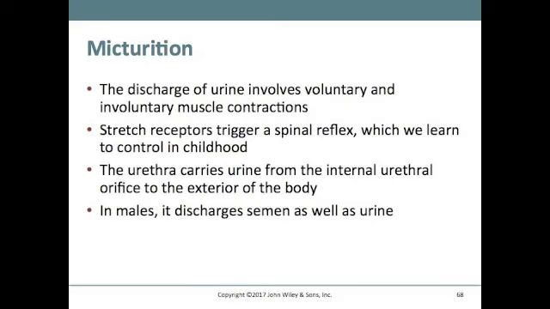These impulses propagate to the micturition center in the sacral spinal cord segments S2 and S3 and trigger a spinal reflex called the micturition reflex. In this reflex arc, parasympathetic impulses from the micturition center propagate to the urinary bladder wall and internal urethral sphincter.